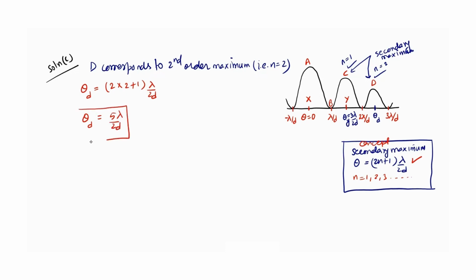So the angle corresponding to d, let me write over here, this corresponds to 5 lambda by 2d. So we find this, okay.